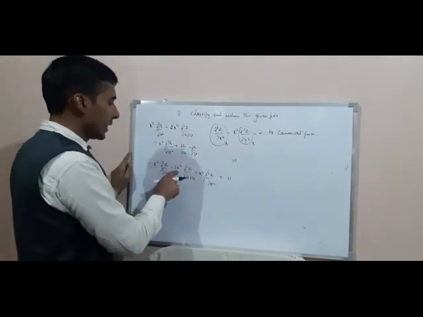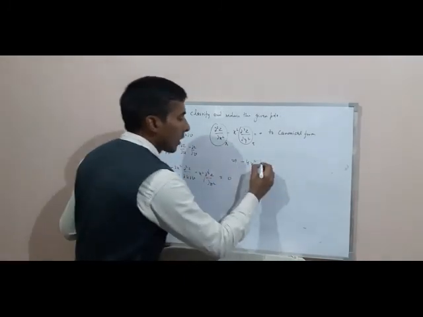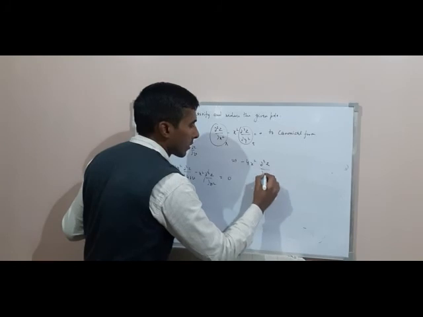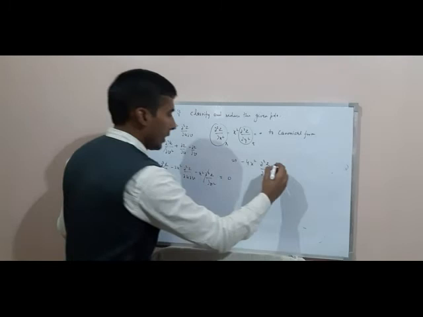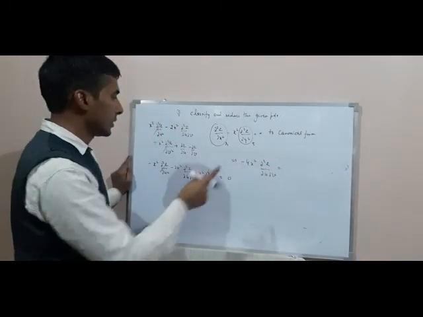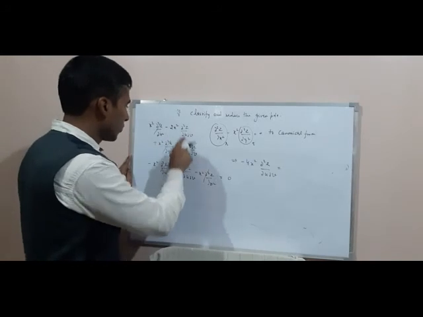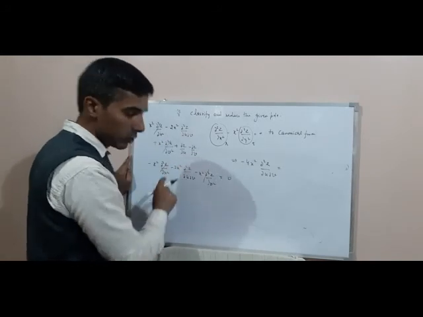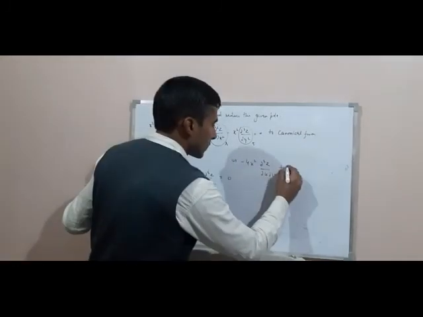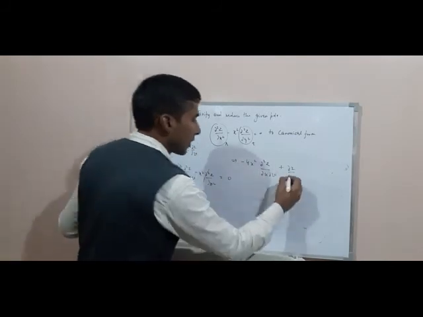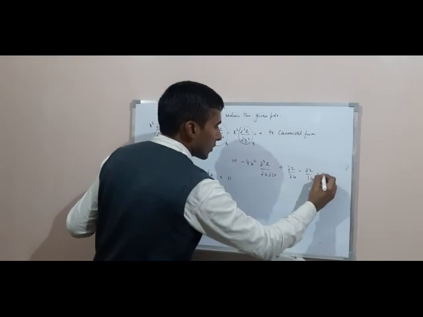Minus 2x square, so it can be written as minus 4x square ∂²z/∂u∂v, and this is equal to, when we add these, minus 2x square minus 4x square, plus ∂z/∂u minus ∂z/∂v equal to 0.